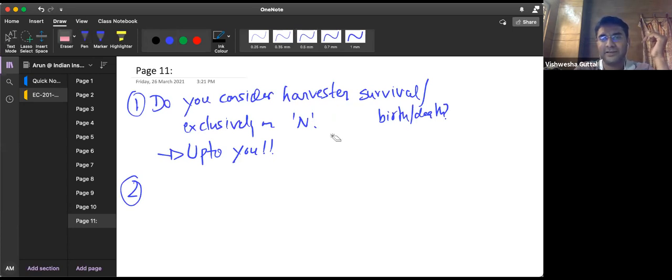Effectively, harvester numbers may also increase or decrease with time, right? Again, there are two possibilities. You can assume that the harvester numbers remain the same. Alternatively, you can assume their numbers change with time. Again, up to you. But remember, I'm happy with the simpler model. So if you assume that harvester numbers change with time, your model will now be more complex, but the choice is up to you.